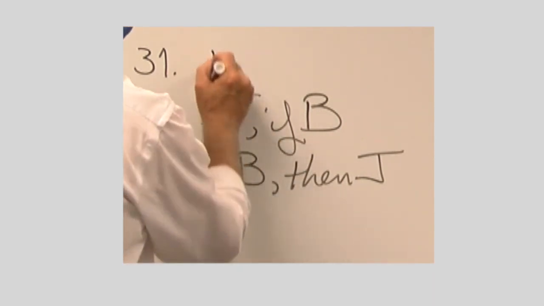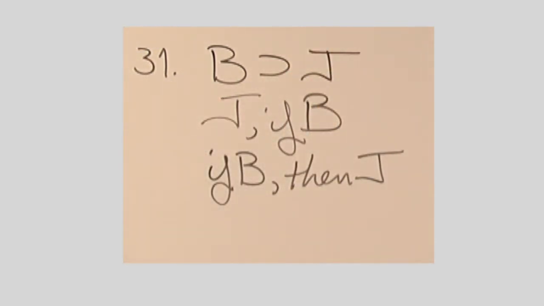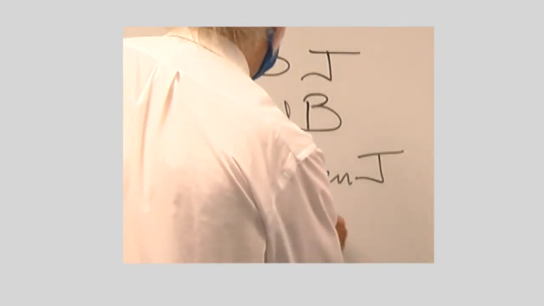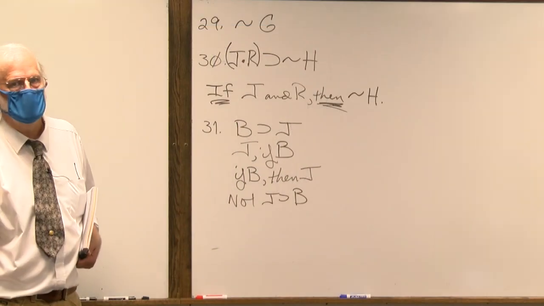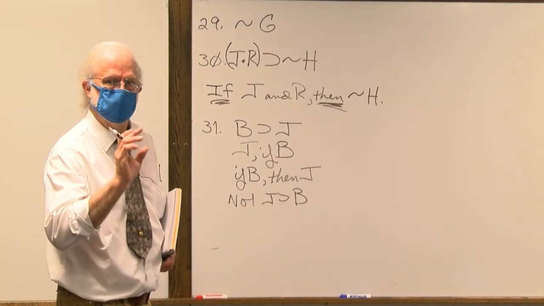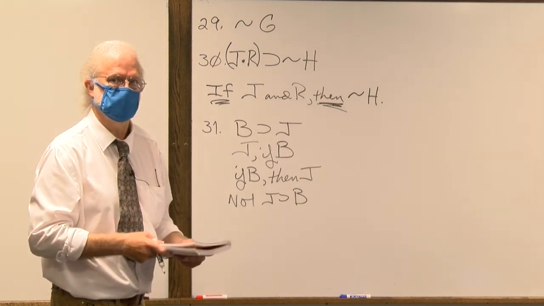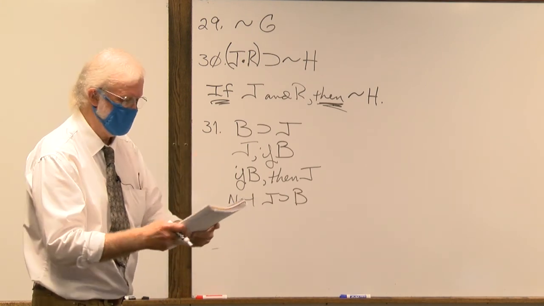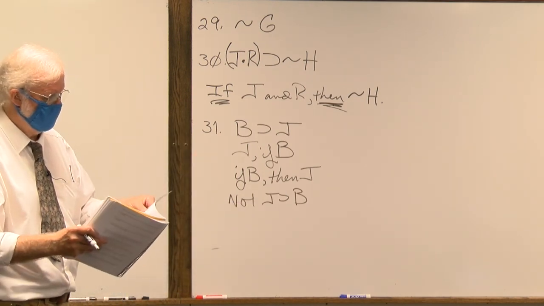If B, then J, B horseshoe J. What we cannot have is J horseshoe B. That means something entirely different. Okay, so here the glitch was to see that the order of the clauses had been switched around and that we had to be careful as to what the antecedent and the consequent were. That was a harder one.